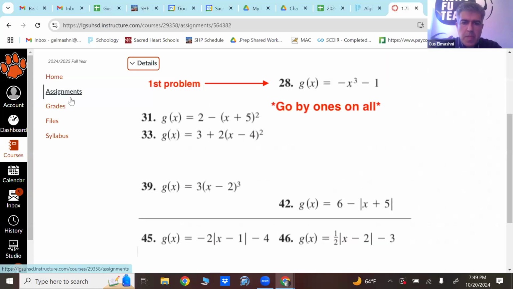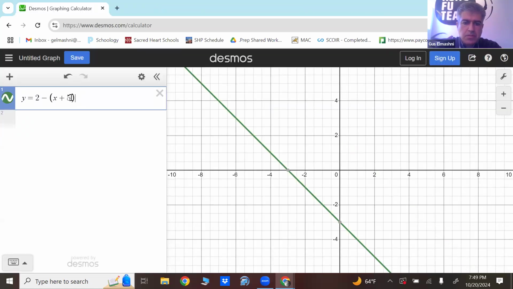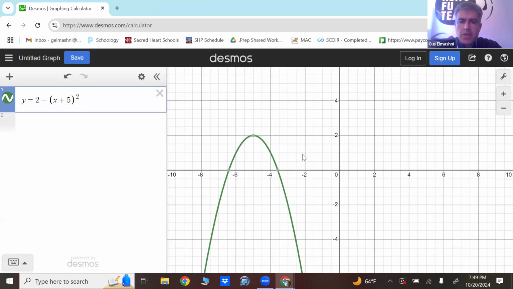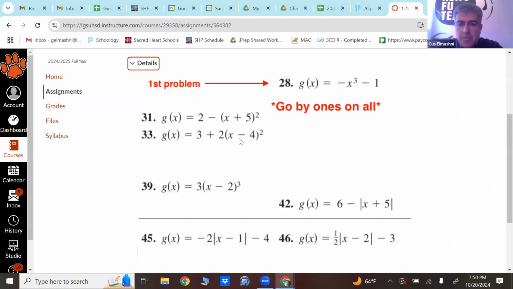Y equals. So it's pretty clear it went 5 left and 2 up, and it flipped. So just say that and do the graph.